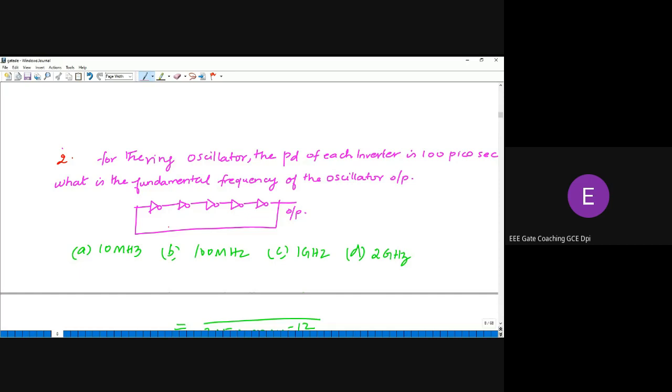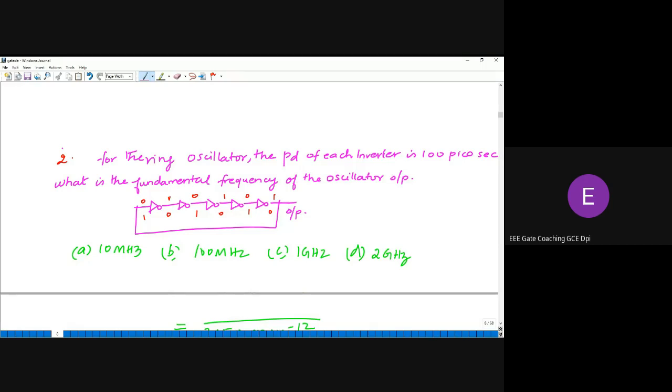If my input is 0, the output is 1, 0, 1, 0, 1. After that it repeats as 1 0 1 0 1 0. So instead of 5 clock cycles it is taking 10 clock cycles.